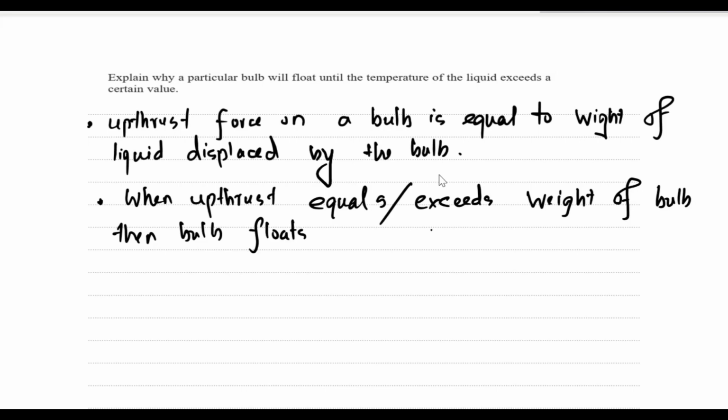So when upthrust force, denoted by U, is greater than W or equal, then the object will float.